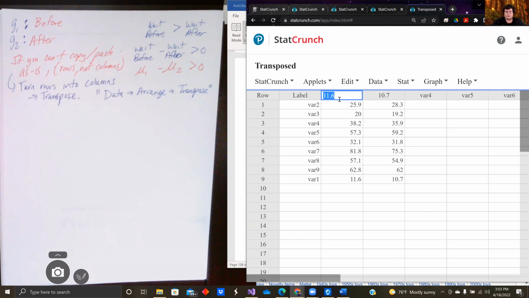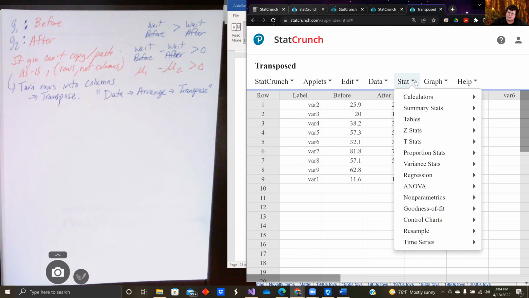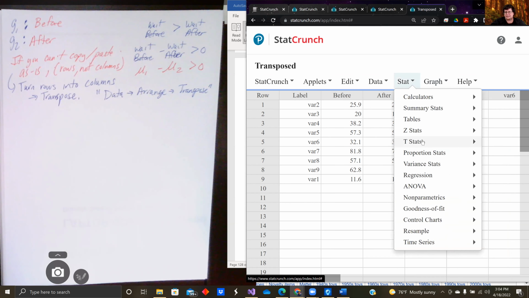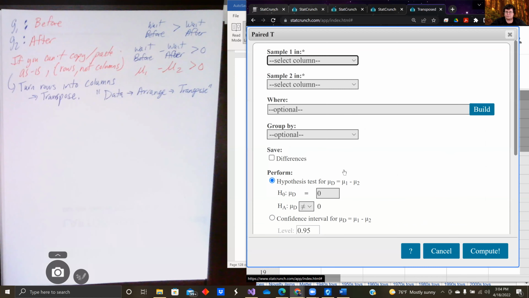So this is before, and this is after. Since I don't have n greater than or equal to 30, I want to do some plotting on it. And I'm going to put that difference thing in like we had for the other group. Before and after.